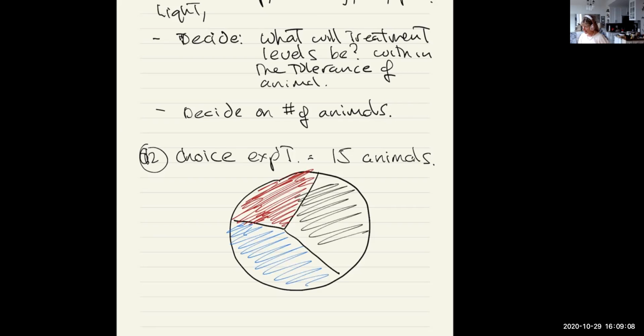So those are your choices: red, blue, and black. So you'll be placing your animals in the center one at a time, observing which choice they make, and then taking the animal out. So you have to also decide how long will you give them to make that choice.